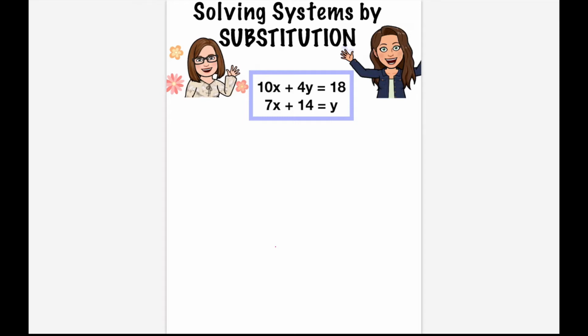In this video, we're going to talk about solving systems by substitution. This is a process when you have a system of equations, and if one of the variables is isolated, then you can use this method of substitution. The first step in this process is to make sure that one variable is isolated.